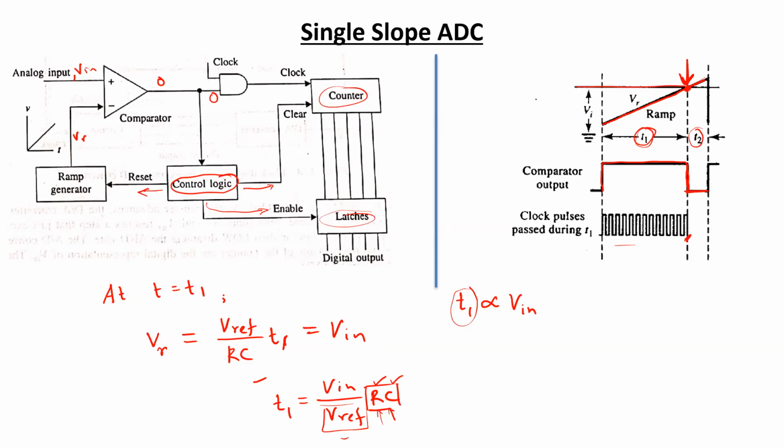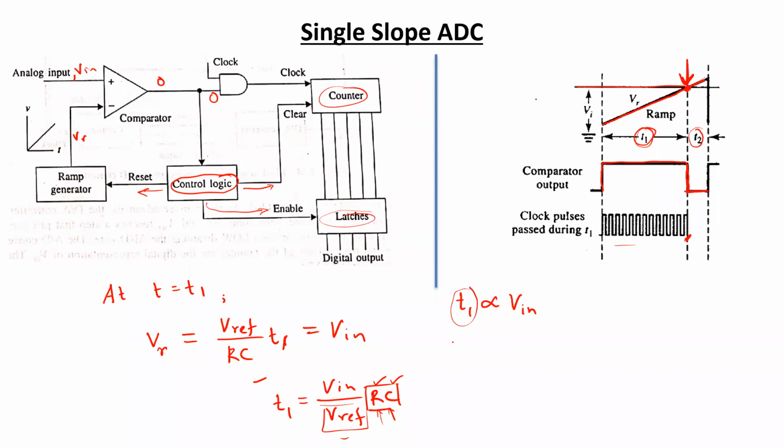In that case, the approximation of the input voltage will be a little less accurate, because the effects of variation of R and C will also play a significant role. To eliminate this drawback, the dual slope ADC was introduced, so that from the calculation of the time, the effect of R and C can be eliminated.